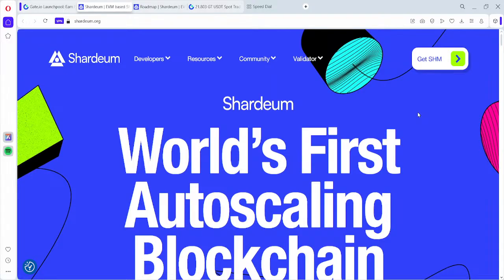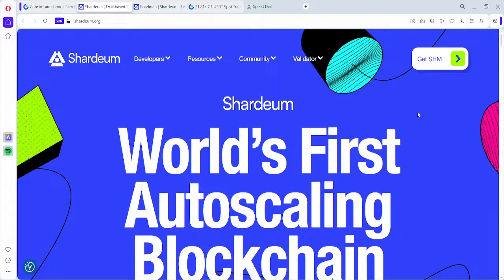So there is EVM compatibility and low gas fee, true decentralization, robust security, dynamic state sharding, proof of quorum, seamless transition, and wallet support, which I have already told you about, how to create a wallet and the support they are offering. And finally, it is community centric, which we'll discuss one by one.